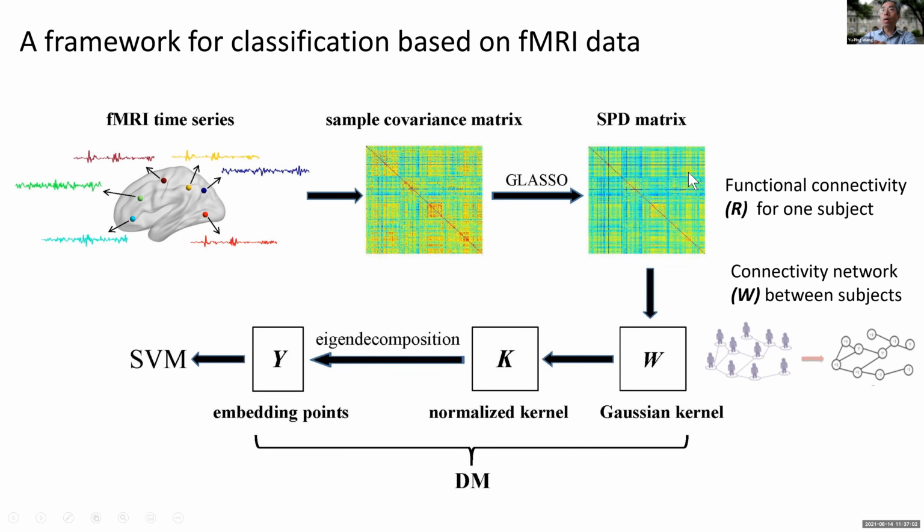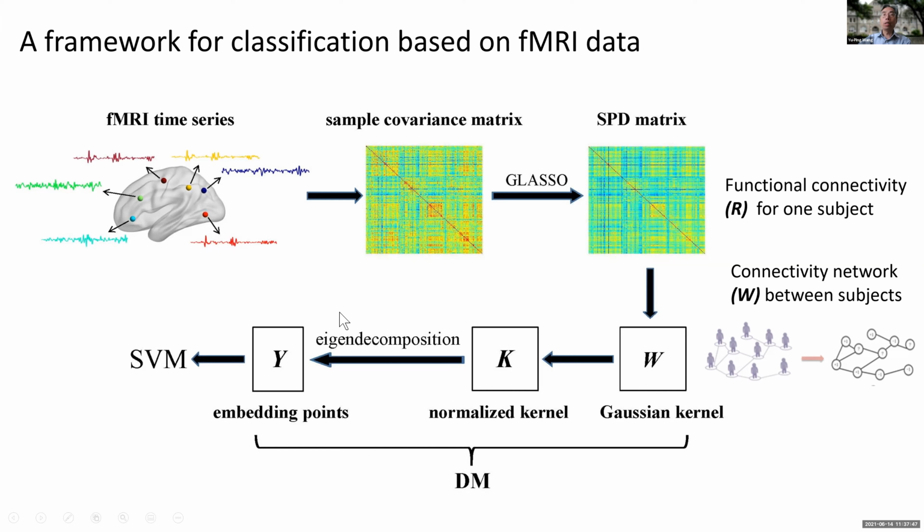We can run this procedure for all the subjects to compute the functional connectivity matrix R. Then, for all the subjects, we can compute the connectivity network. We can use a Gaussian kernel to compute a W, which I will introduce in the next slide. This W will reflect the interconnections between different individuals or subjects.